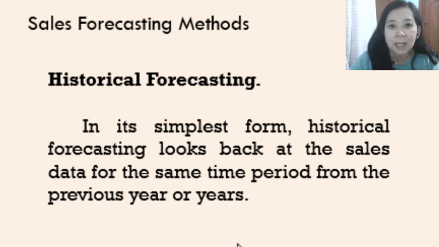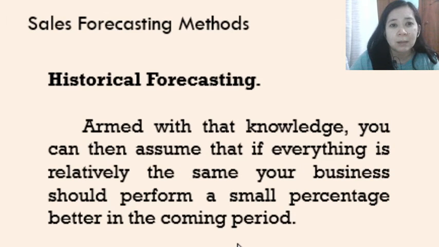Basically, we are looking into what happened in the past, and we will base our sales forecasting on that data. Here, you can assume that if everything is the same with your business, you should also perform a small percentage better in the coming period.